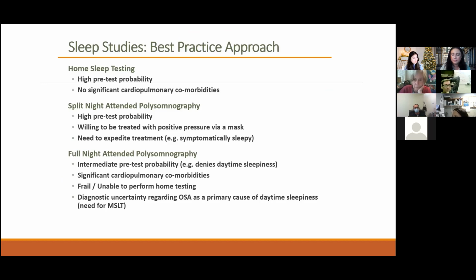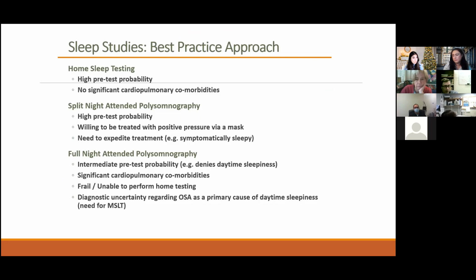So it's people who you're really suspicious have obstructive sleep apnea, snore, feel really tired during the day, awaken at night choking and gasping. The AASM still recommends no significant cardiopulmonary comorbidities. So, bad COPD, heart failure, those patients typically need to come into the sleep laboratory.